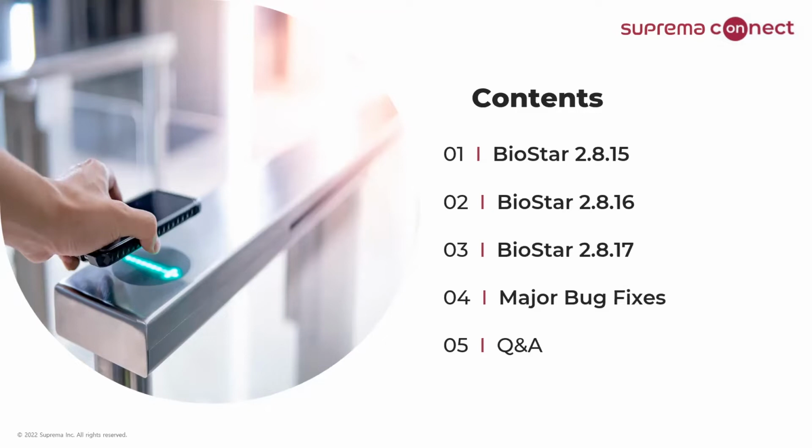BioStar 2.8.17 cannot be downloaded from Suprema's official website, but you can directly experience the functions reflected in this version in the next version, 2.9.0. After introducing new features for the free versions of BioStar 2, we will share major bug fixes with you. Finally, I'd like to wrap up with a guide on what to do if you have any questions about today's on-demand webinar. Let's dive into the session.